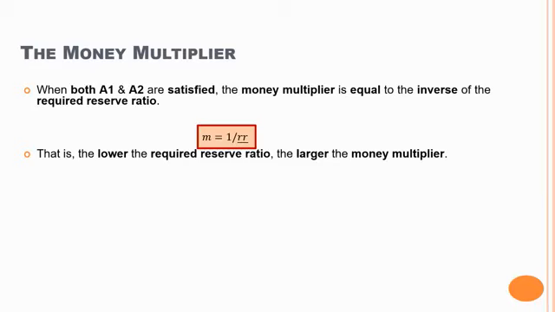Sometimes they tell you that the money multiplier is 1 over the required reserve ratio. Sometimes they tell you it's 1 over the reserve ratio. Generally speaking, it's 1 over the reserve ratio. But if banks always lend out all their excess reserves, then this is equivalent because the reserve ratio is equal to the required reserve ratio. Well, I think that's about it.